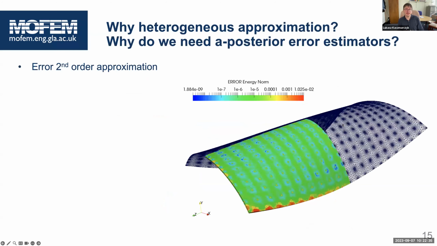Okay, so let me give you an example of how the a posteriori error estimator works for structural problems. This is a Coriolis-Lu shell, and we have this typical problem of a shell with holes. When we estimate the error for second order, we can see this typical concentration of the errors at the corner.